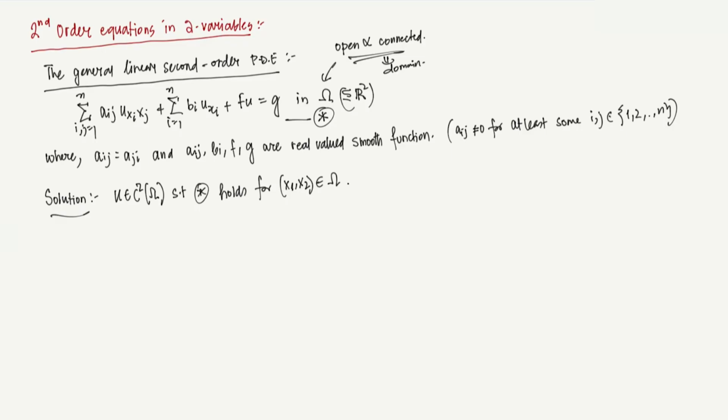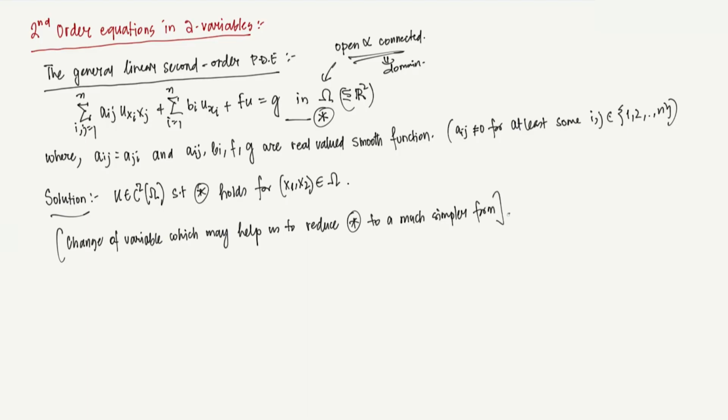What I'm trying to say is that there will be a change of variable which may help us, not may, it should actually help us to reduce star to a much simpler form. Now, what do I mean by this? Let me put it this way, simpler form.